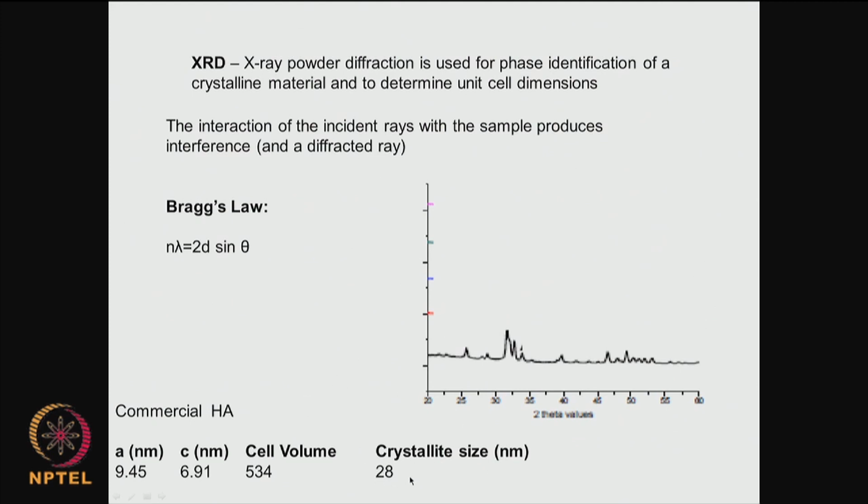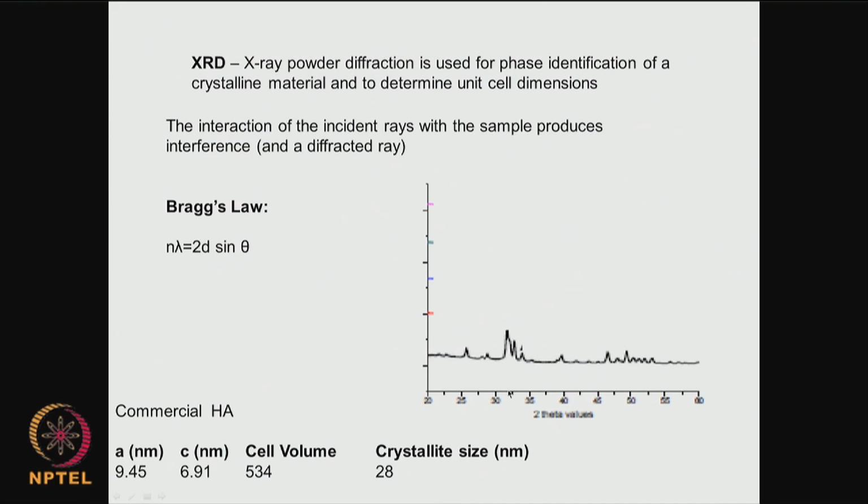So the crystal size is 28 nanometers, crystal volume is 534 nanometer cube, and the crystal cell has a as 9.45 and c as 6.91 nanometers. Any crystal is 3 dimensional, so you will have a, b, c as the 3 dimensions, and alpha, beta, gamma as its angles.